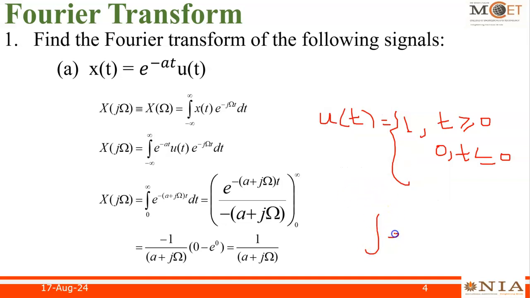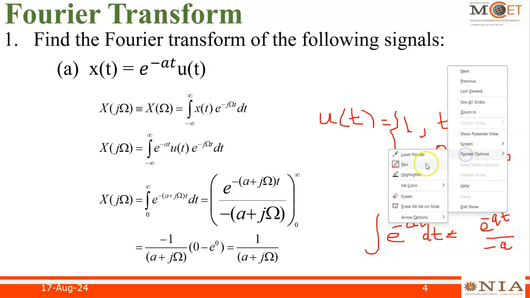Which is nothing but, when we integrate e power minus at into dt, so this is the exponential term we need to integrate, then it is equivalent to e power minus at divided by minus a. So this is the general formula to integrate an exponential function, whatever it may be.